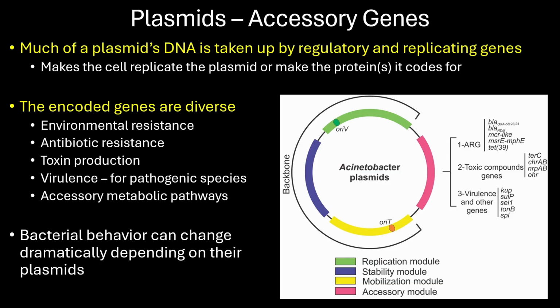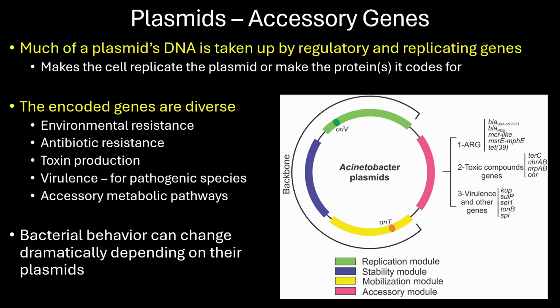And also accessory metabolic pathways, things that allow the organism to metabolize different kinds of resources that it doesn't usually have the ability to. Those are things that are often found on a plasmid and often shared between bacteria. And bacteria can change their behavior dramatically depending on those plasmids. If an organism lacks a plasmid for certain virulence factors, it means they're not producing those.